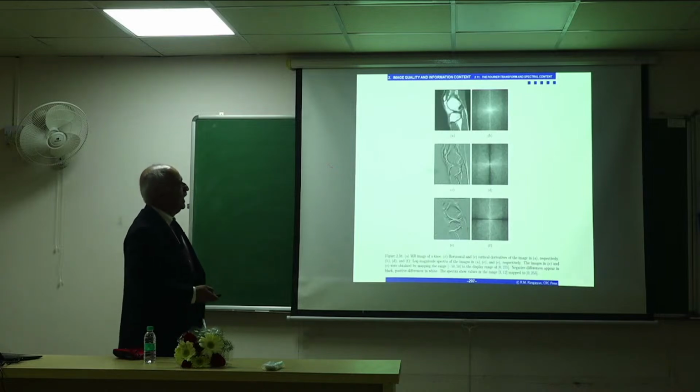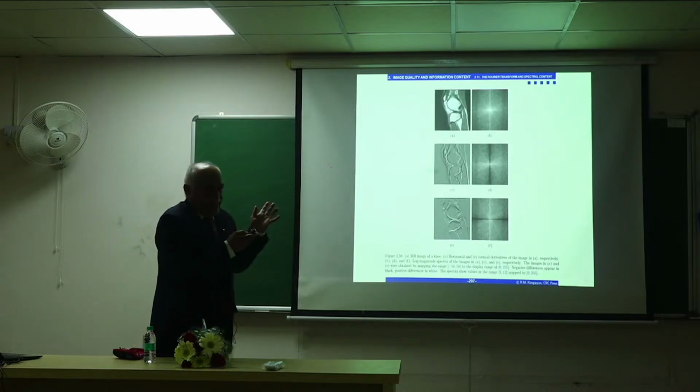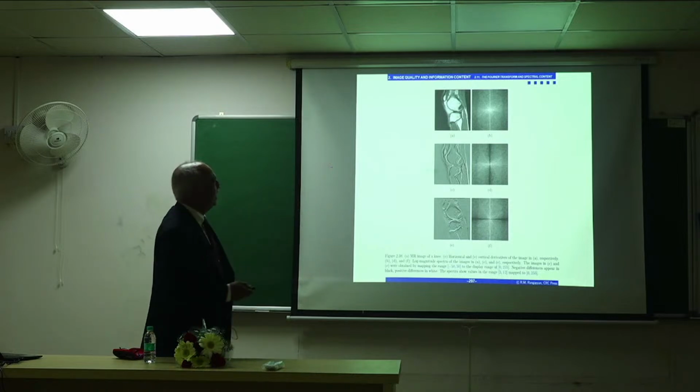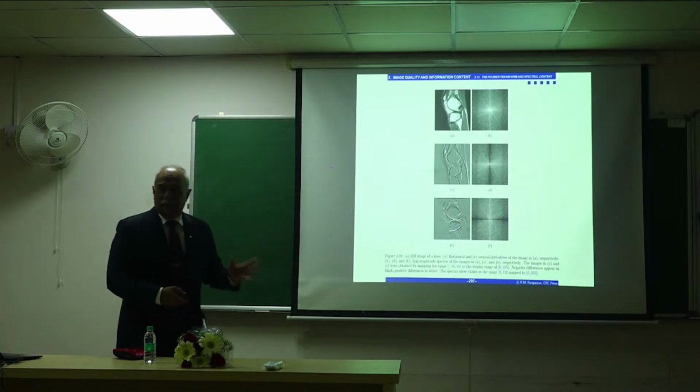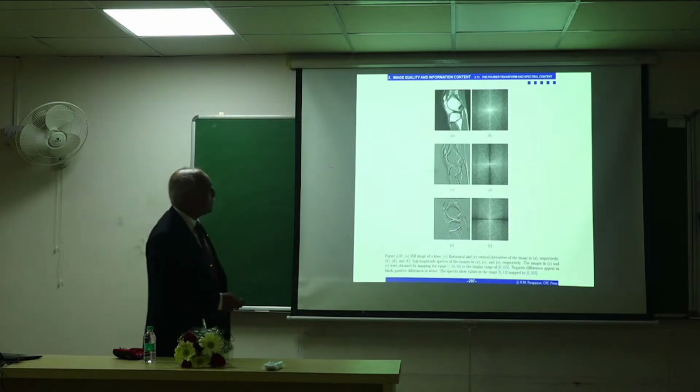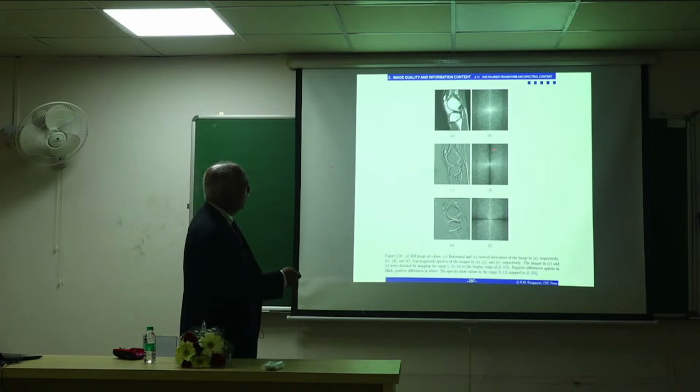This is an MR image of the knee. It doesn't matter. In this example, it's just a picture. So when you take the derivatives, you get the edges. And the Fourier transform shows some oriented components because these are like lines at different angles. Note that this is 0 here, and it is 0 there.